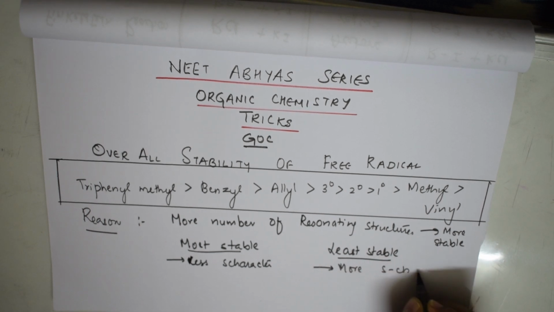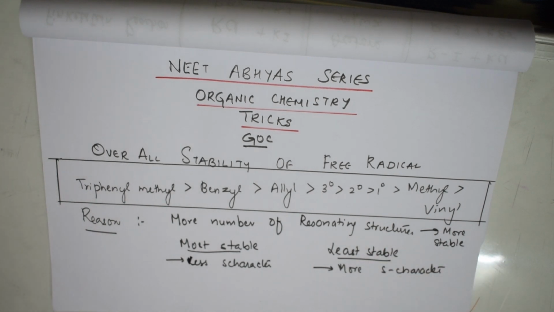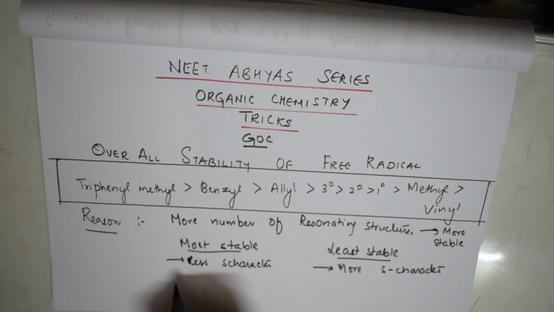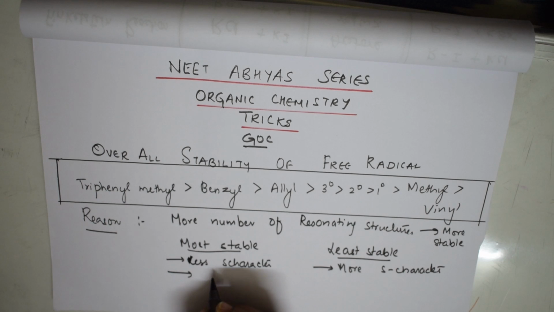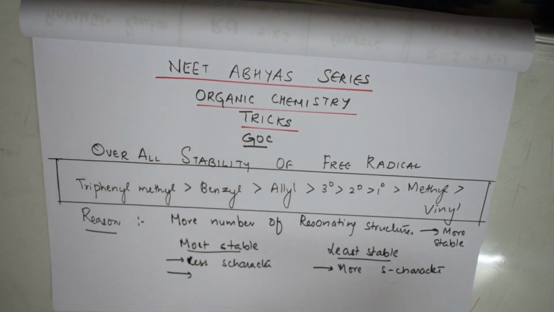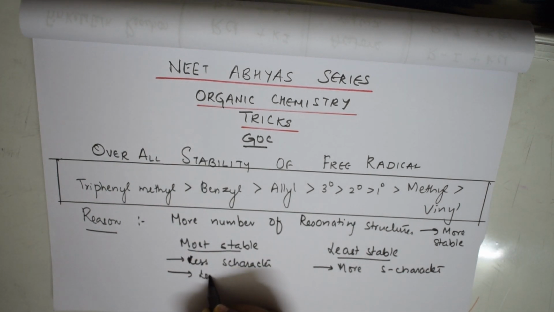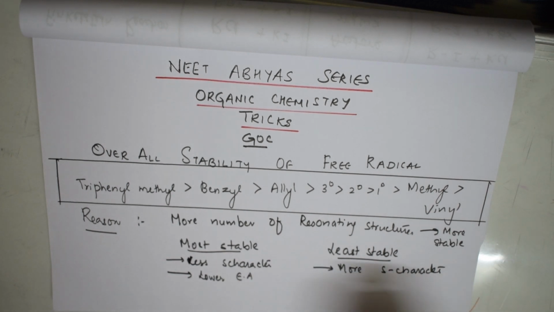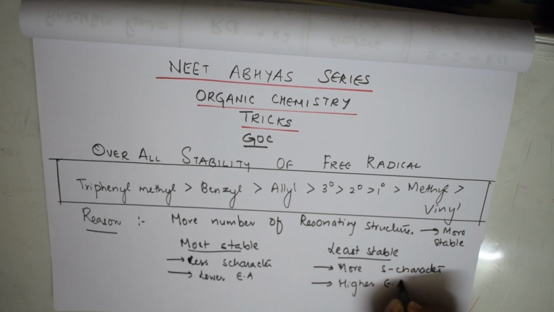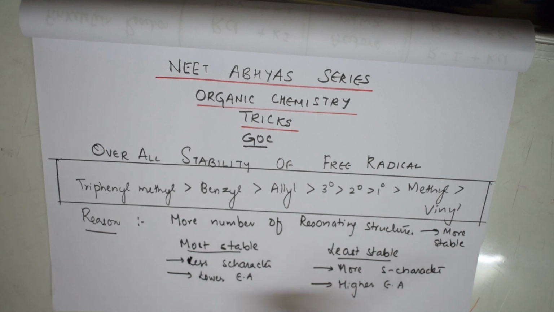That means it is very, very close to the nucleus, and the nuclear force of attraction, Z effective, is more in that, right? And if it is less in S character, what has happened? The dragging capacity is less. It's nothing but lower electron affinity of the half filled orbitals. Suppose if I take least stable, here the electron affinity will be higher, that I have to remember. These are the factors which decide the stability.